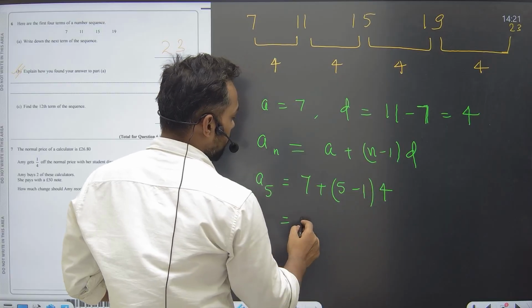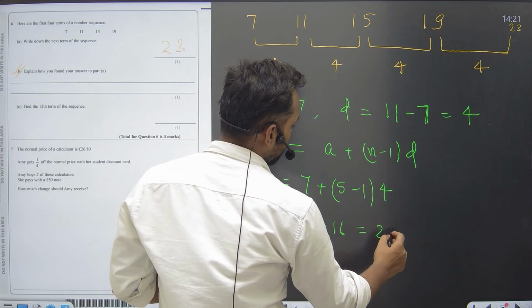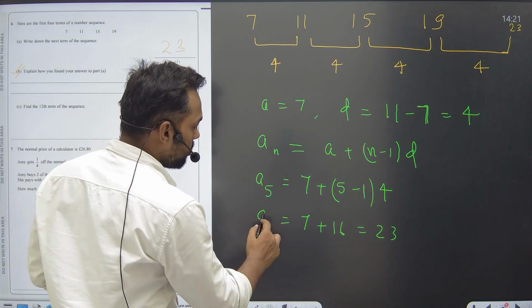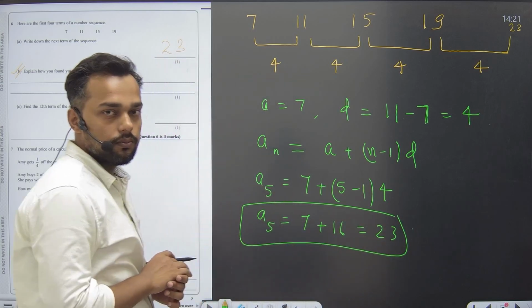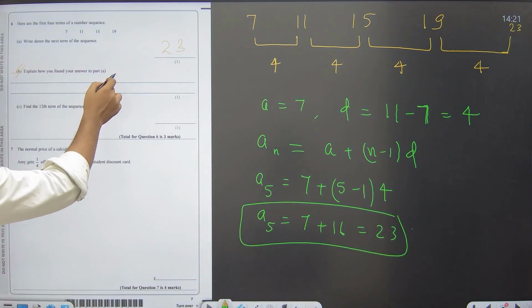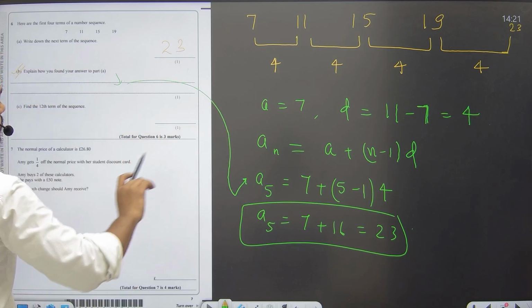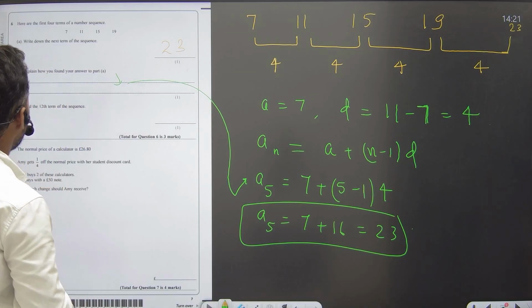So it will be 7 plus 4 plus 4 is 16, so you will get 23. This is the original way which should be mentioned here, how you have got this particular value. So the explanation is that on plugging the value of n equals 5 in the general term, we have got our answer.